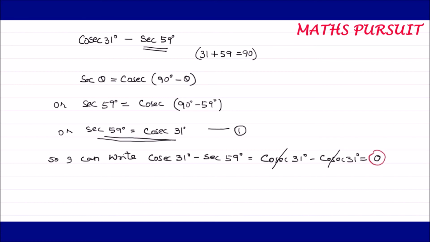To conclude, because we are evaluating, hence we can say that cosec 31 degree minus sec 59 degree is equal to 0.